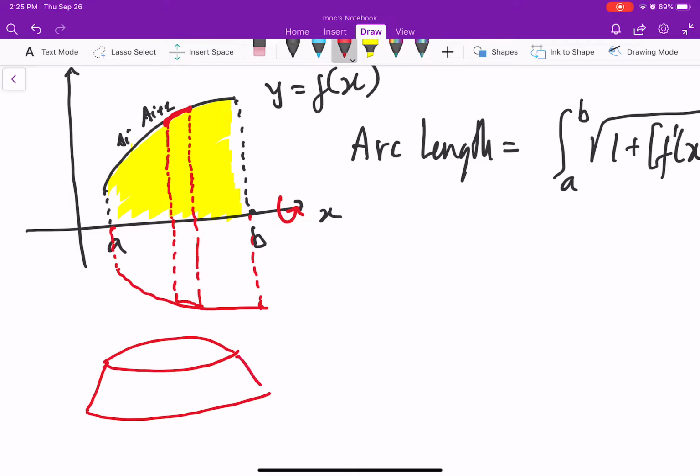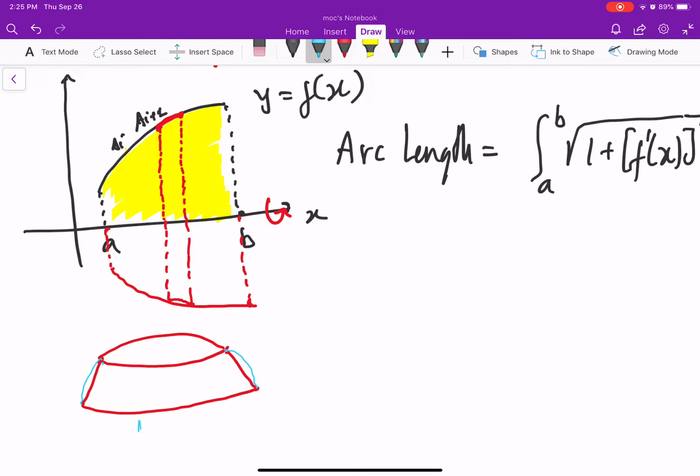Maybe the curve looks like this. And we approximate the surface area of that piece by the surface area of the frustum.